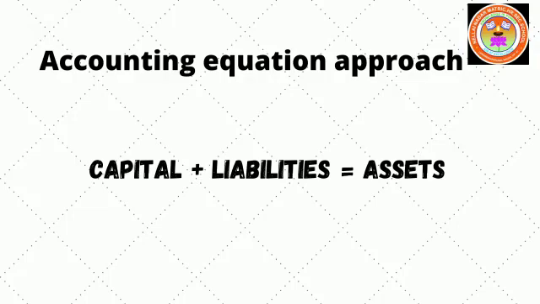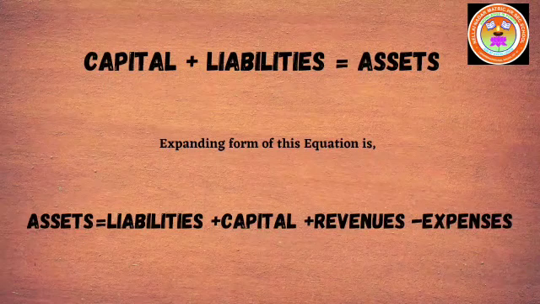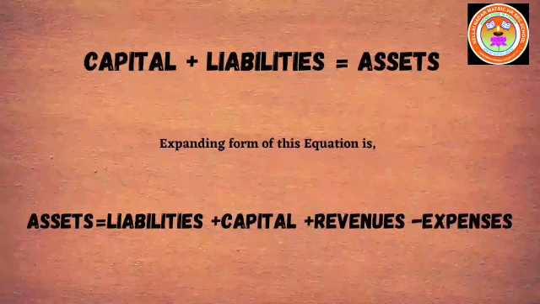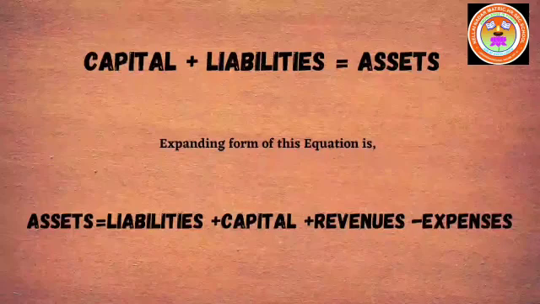Capital can also be called owner's equity and liabilities outsider's equity. As the revenues and expenses will affect capital, the expanded equation may be given as assets equal to liabilities plus capital plus revenues minus expenses.